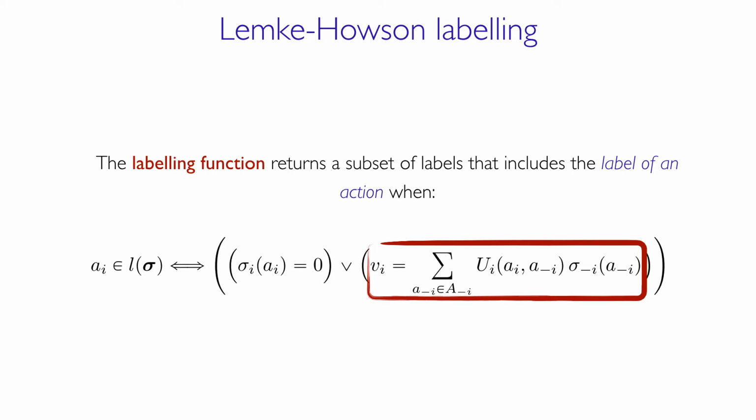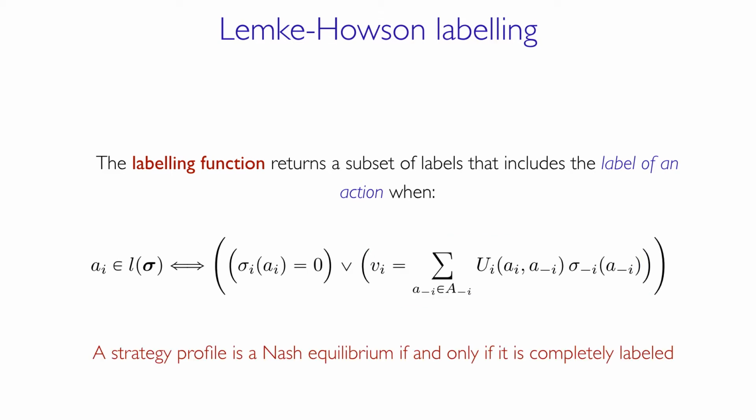So, summarily, either an action is not played or it is a best response. A strategy profile is a Nash equilibrium if and only if it is completely labeled.